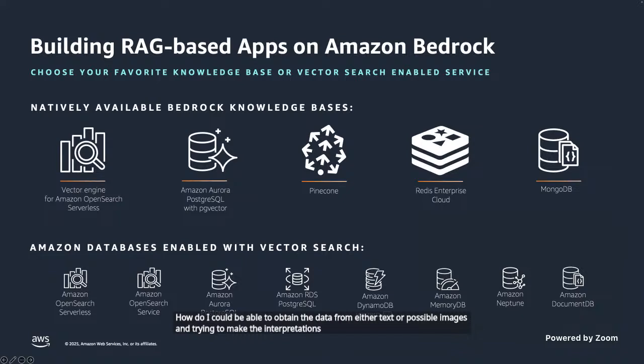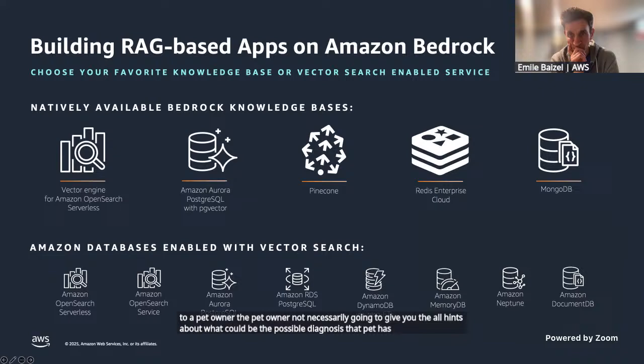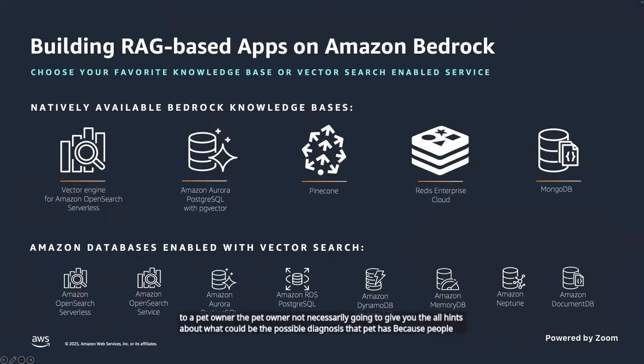The main purpose of my application, just to give you context, is veterinary healthcare. It's really often that whenever a veterinarian talks to a pet owner, the pet owner is not necessarily going to give you all the hints about the possible diagnosis, because people tend to have mixed emotions and so on.